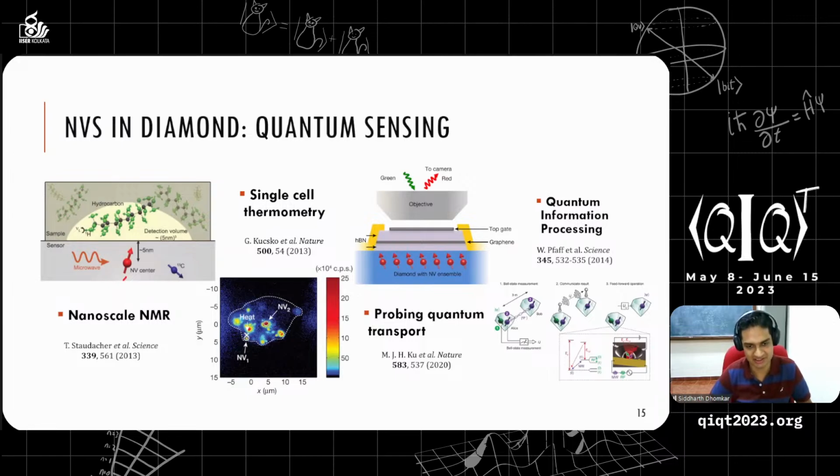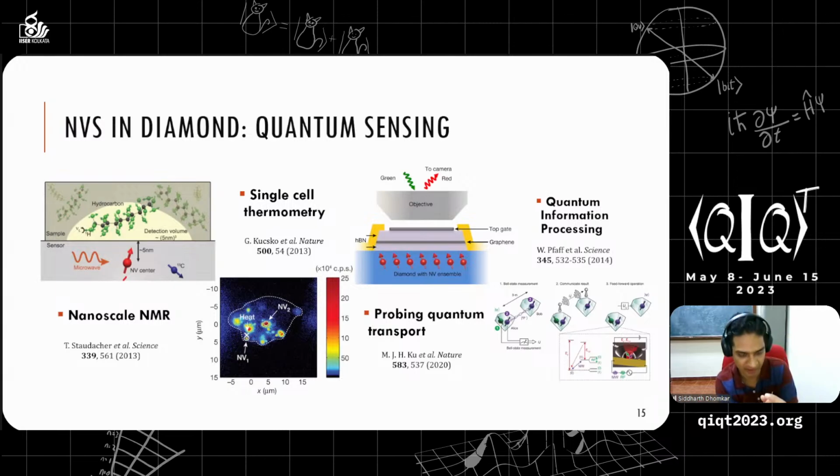Now when I talk about a sensor, what I mean is that you can think of this as a small tiny magnet, right? If you bring this tiny magnet very close to any target that you want to sense, let's say electric field or magnetic field, this small spin is going to interact with this external electric field, magnetic field, static or AC, whatever, or temperature.